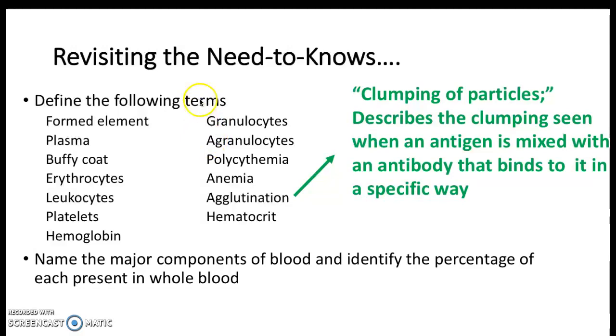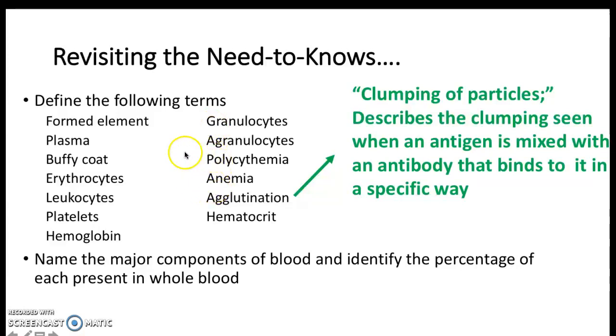Within our granulocytes and agranulocytes, we talked about the different specific leukocytes that are present there. We talked about the buffy coat, which is the region in the centrifuge tube of blood where the white blood cells are found, and platelets, which are the cell fragments. Hemoglobin, we said, was the oxygen transporting protein that's present in red blood cells.